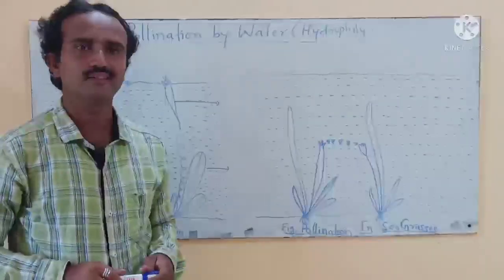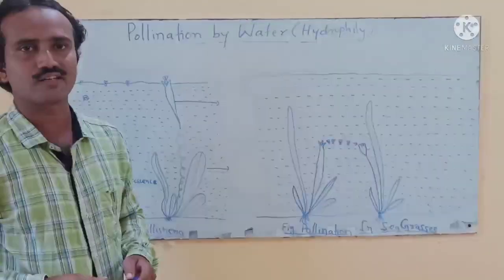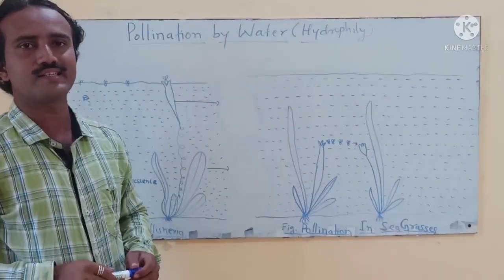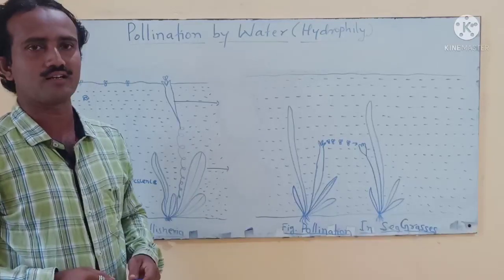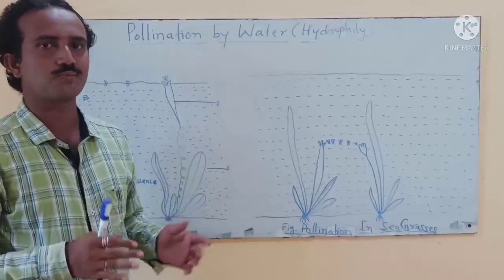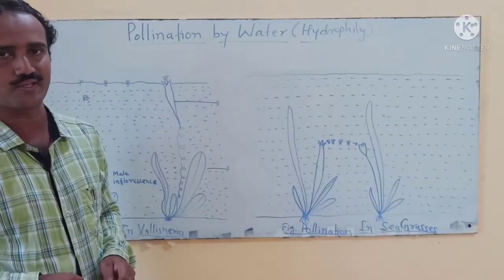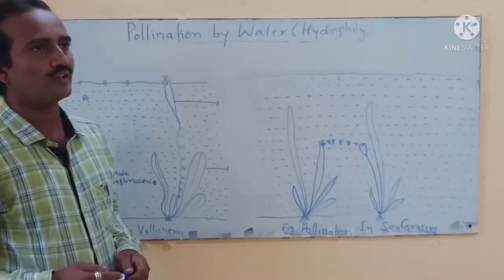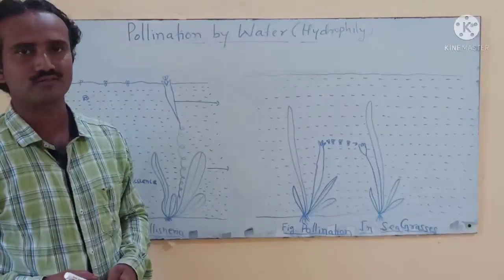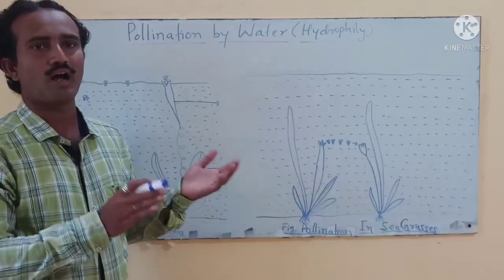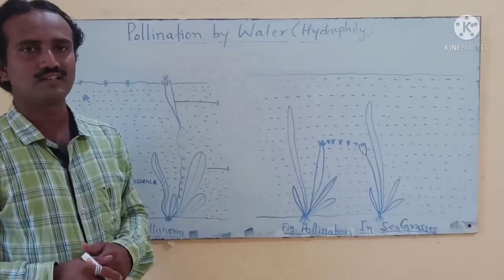Pollination by wind was studied in the last class. In that, the wind is utilized by plants for the transport of the pollen grains towards the stigma. But here pollination will take place by water. Through water current the pollen grains will be transported towards the stigma.